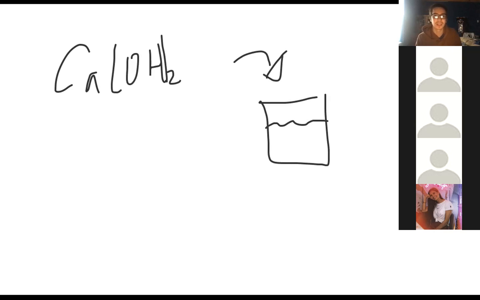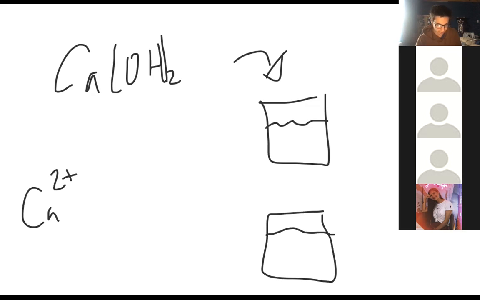So we know there's going to be at one point an equilibrium where there's a certain amount of calcium hydroxide molecules and its constituents, calcium ions and hydroxide ions. But let's say we also have a scenario where we have the same amount of volume and everything, same jar, but instead we drop in calcium ions as well as a bunch of hydroxide ions. And let's say we drop in no calcium hydroxide.